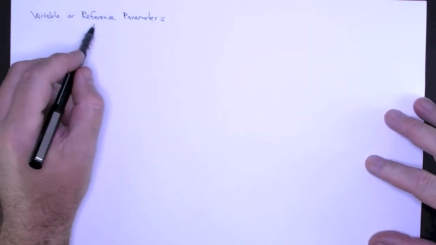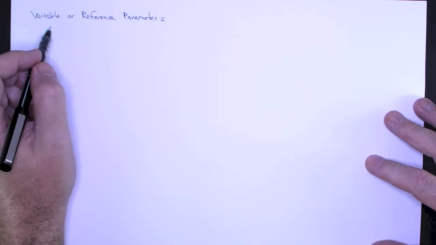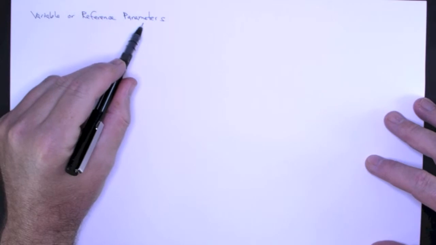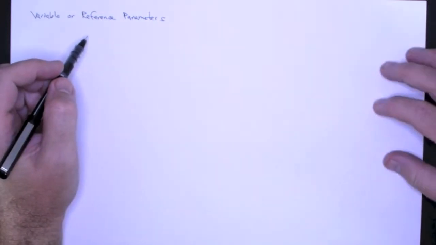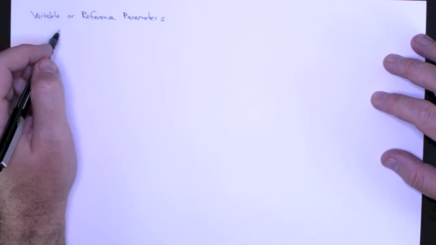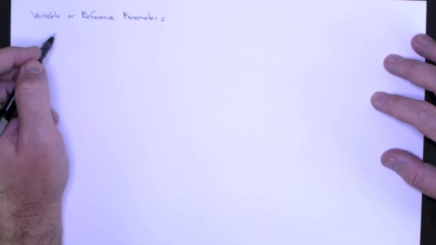So variable or reference parameters, in contrast to value parameters, let us change the object in the method, and those changes will be reflected in the original object.